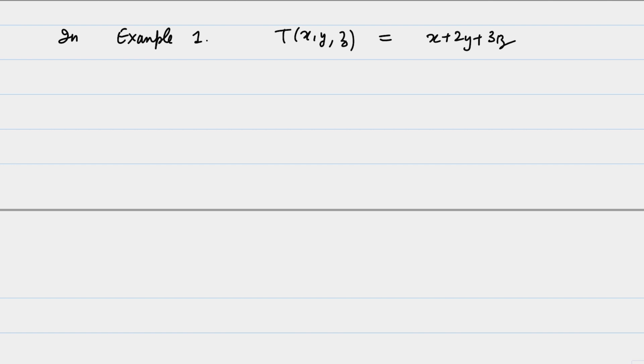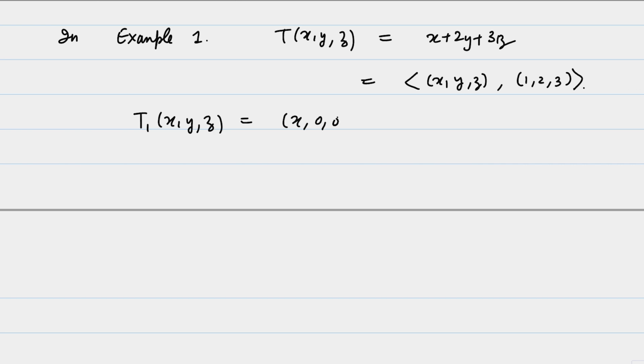And if we treat R3 as an inner product space, this is nothing but the inner product of (x, y, z) with (1, 2, 3). So ironically, the linear functional which we started off with in the first example turns out to be inner product with the vector (1, 2, 3). In fact, the next example that we considered, T sending (x, y, z) to (x, 0, 0), is also the inner product of (x, y, z) with the vector (1, 0, 0).